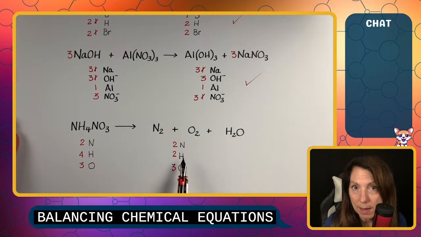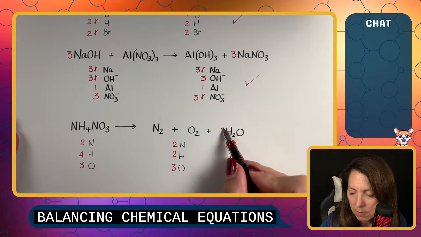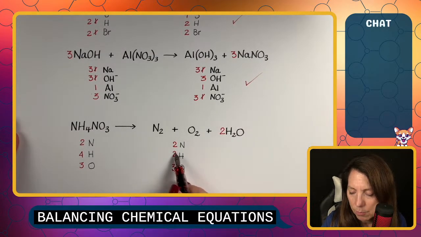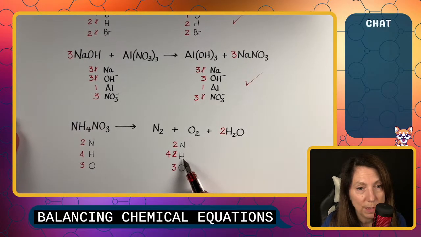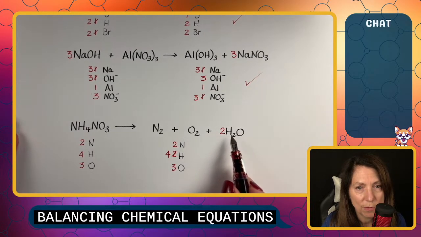So one way to help the situation is to put a 2 here, which then causes hydrogen to be 4 on this side, because this 2 distributes through and water already had 2 hydrogens, so now there's 4.